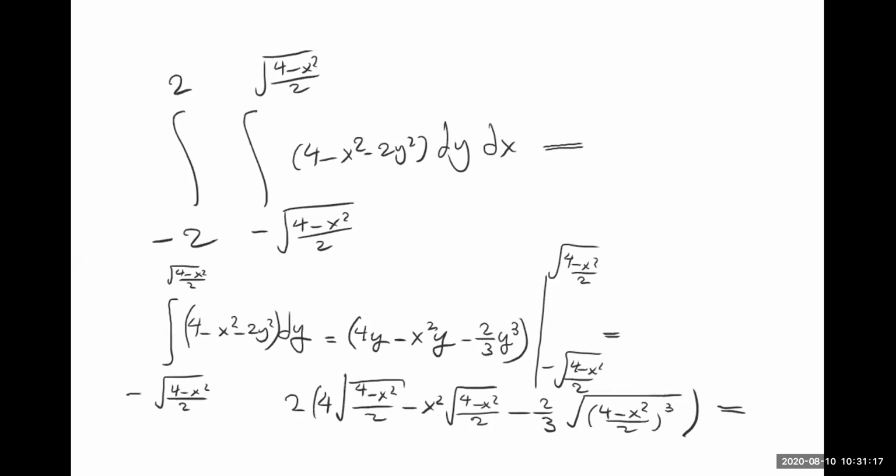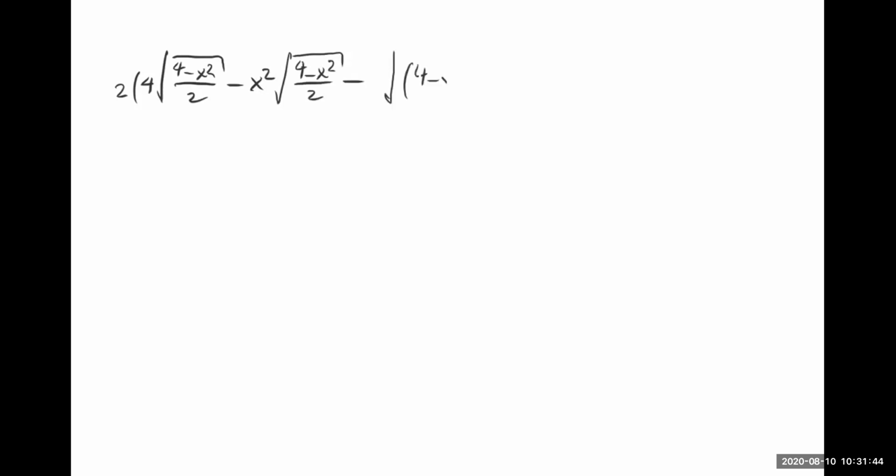So let's go to the second page. We have 2 times 4 times the square root of 4 minus x squared over 2 minus x squared times 4 minus x squared over 2 minus 4 minus x squared over 2 cubed.